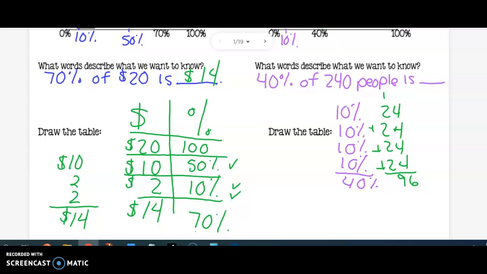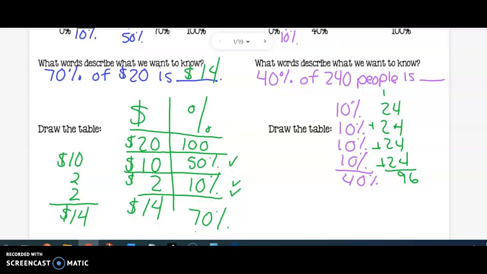All right. And if I wanted to draw a quick table for that, just like it had on the instructions, I would do people and percent. And we knew that we started out with 240 people for 100%. And we found out there was 24 people in 10%.